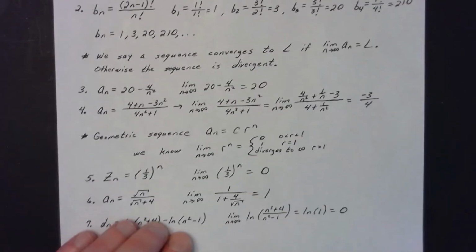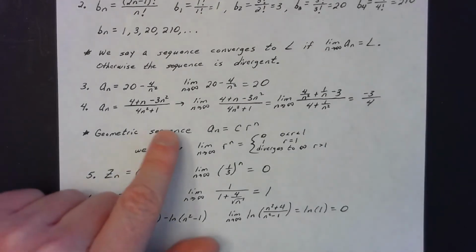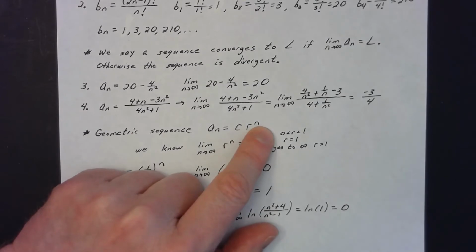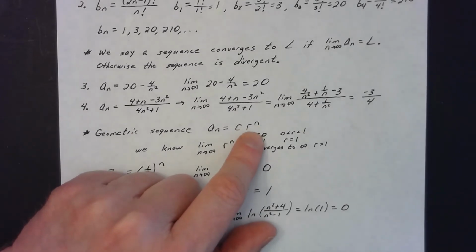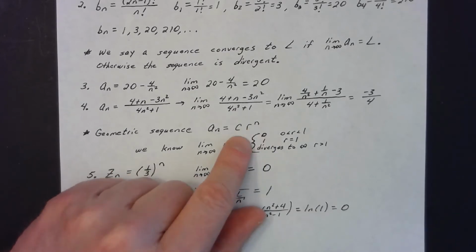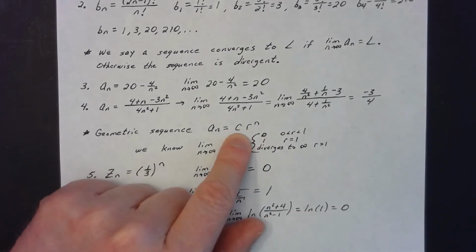Now let's talk about geometric sequences. A geometric sequence is just when you have obviously an exponential function in there with a base r raised to the n power. So we're going to have some constant r raised to the n power, and n is going to get larger and larger and larger. Now you could have some constant coefficient c multiplying it.